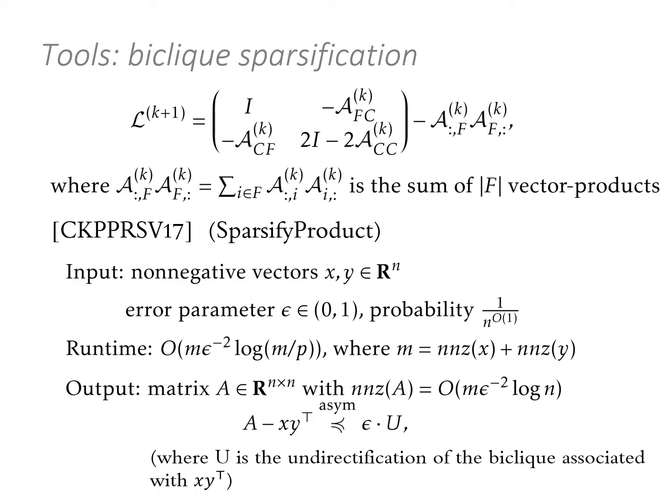However, the exact partial block elimination can be dense, so we will also use the following vector product sparsifier from the paper of the almost linear time directed Laplacian solver. In the vector product sparsifier, the number of non-zero entries of the output matrix has about an additional log n factor compared with the input. To avoid the number of edges blowing up, we will also apply the directed Laplacian sparsifier.